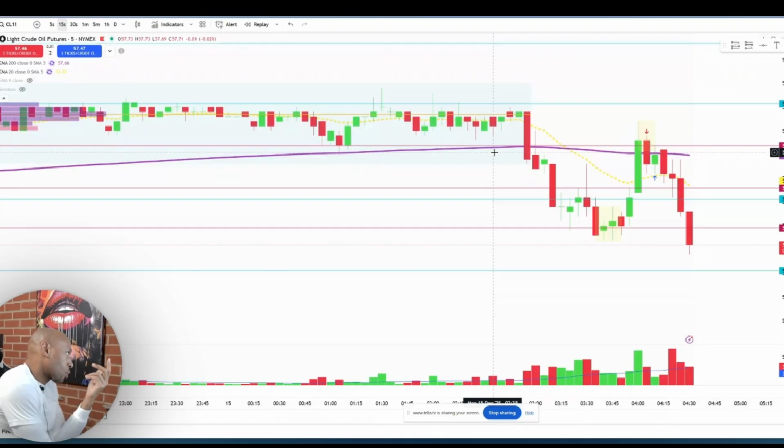So looking at the 5 minute and the 15 second, looking for price alignment. Top down analysis is that. The daily and the hour were pretty much trending down from my viewpoint.